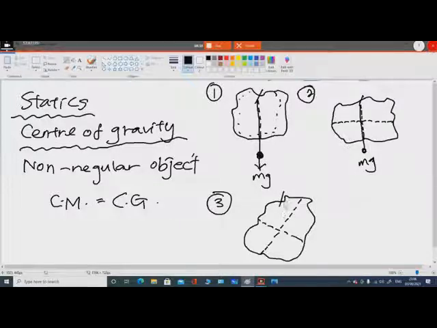I pin it here as a record. This is my string, so I mark it here. This is my bob, which is mg. As you can see from the first line, second line, and third line, these lines are always intersecting at one point. So this is our point of intersection.